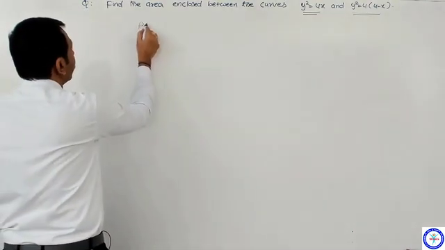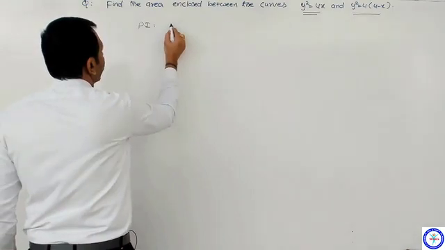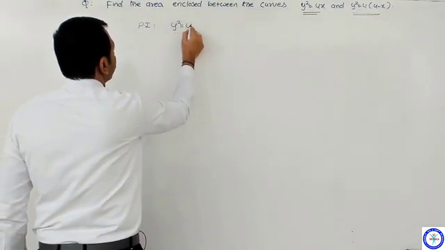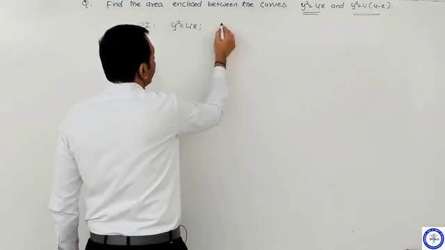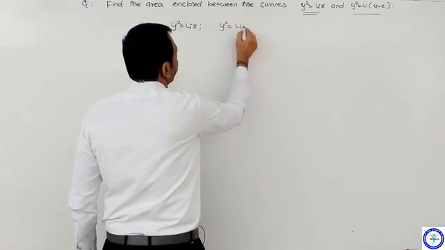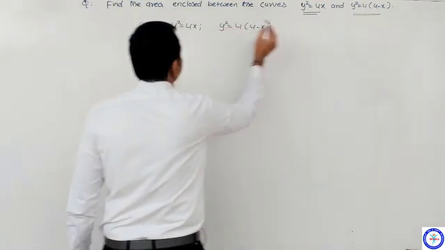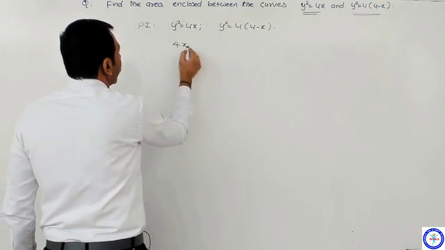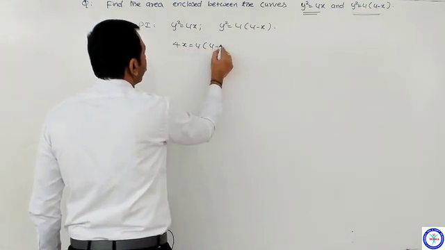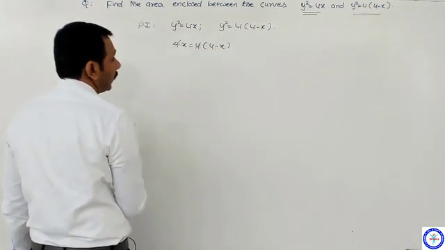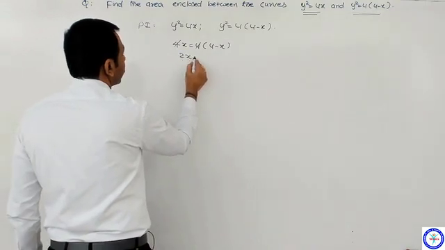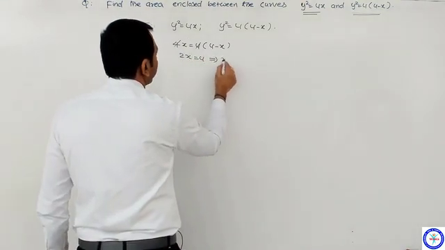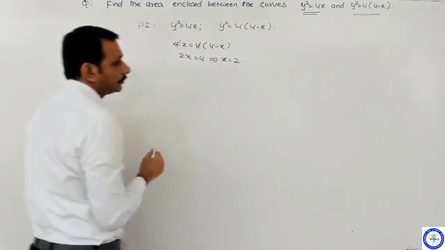For point of intersections, first curve y square equal to 4x and second one y square equal to 4 into 4 minus x. That is, 4x is equal to 4 into 4 minus x. 4 will get cancelled. 2x is equal to 4 implies x equal to 2.